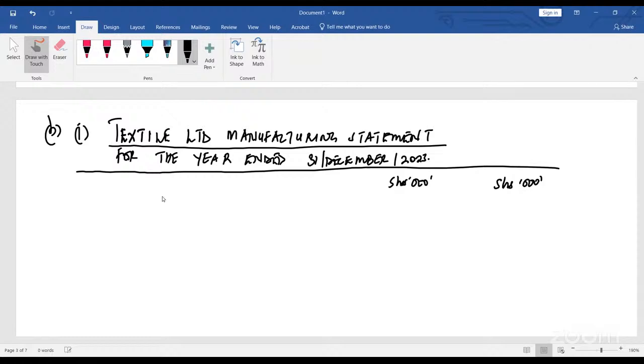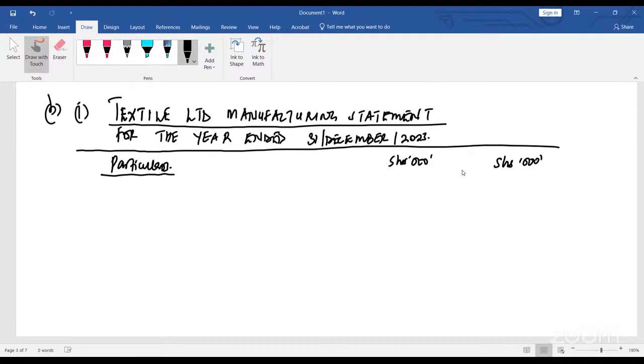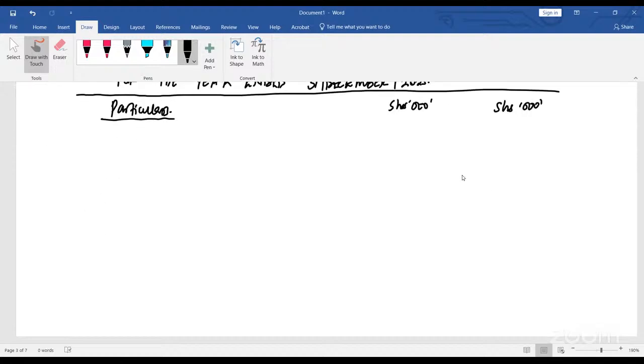So we have our particulars. I'm using 2 columns. In the manufacturing statement or manufacturing account, we start with the information about raw materials.